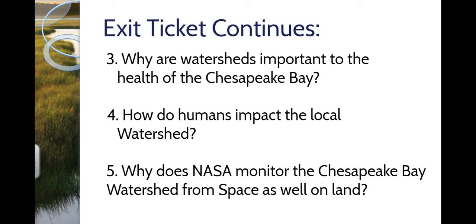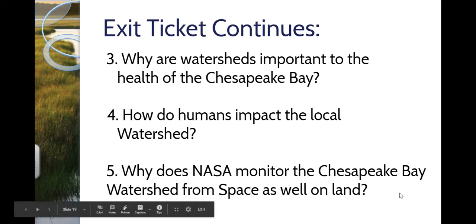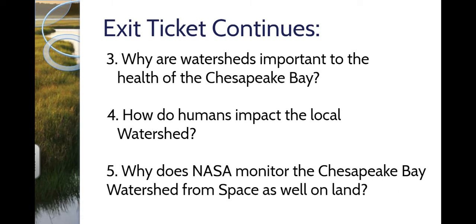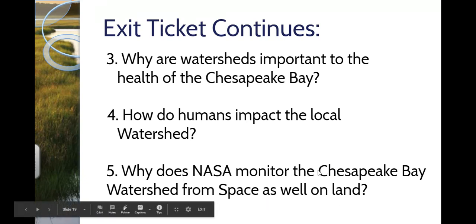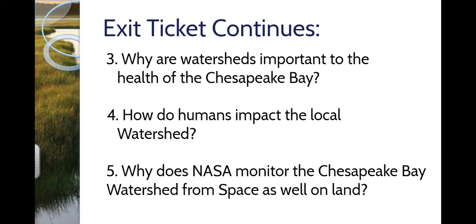And number 5, why does NASA monitor the Chesapeake Bay watershed from space as well as on land? So why do they look at it from the satellites in space? We talked about that in the video. So if you need to review the video, why do they view it from space and monitor it on land?